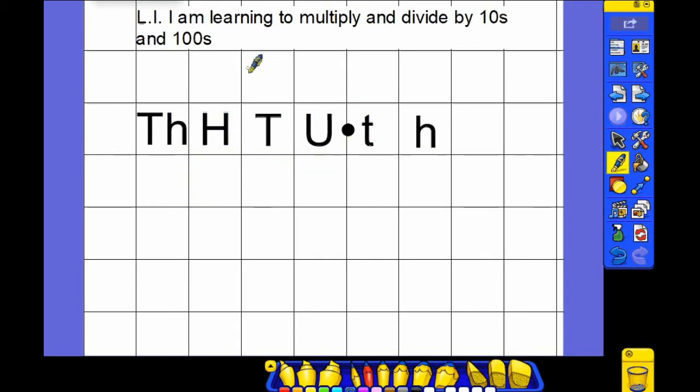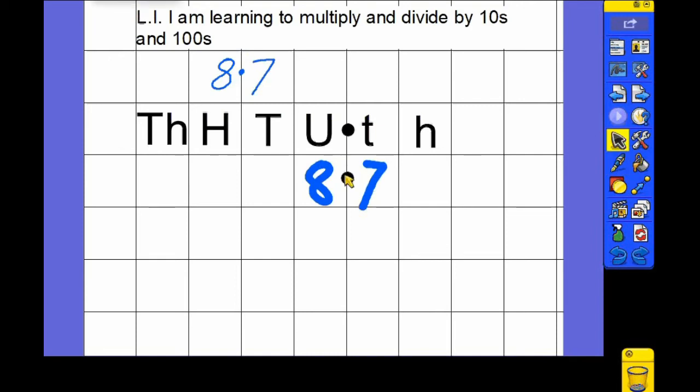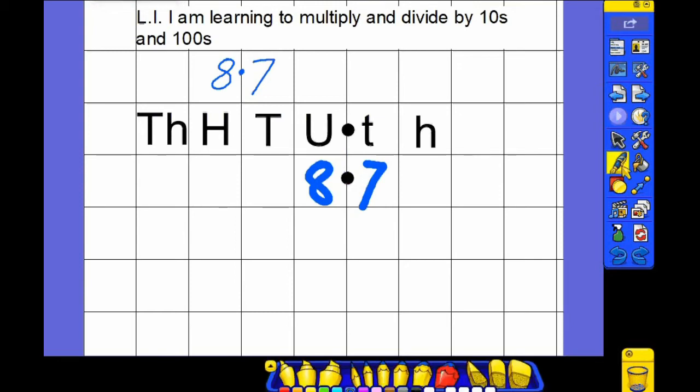Now this same strategy works even if we have things with decimal points in them. So 8.7, well the way we would write that is 8 units and 7 tenths there. And we really need in our little decimal point there as well. So 8.7, if we're going to times that by, tell you what, let's go straight to 100.